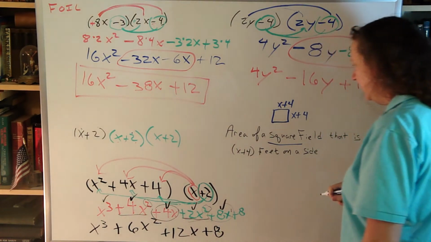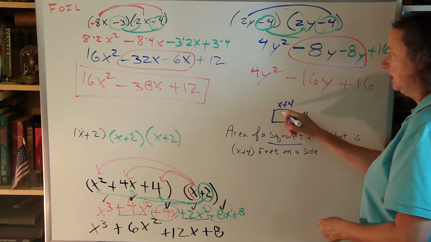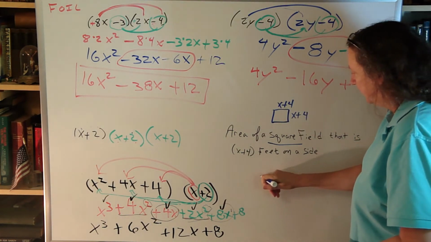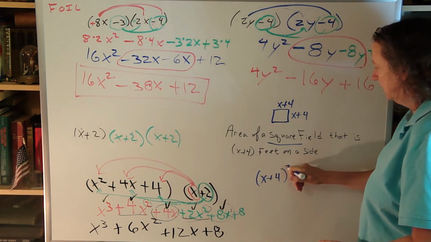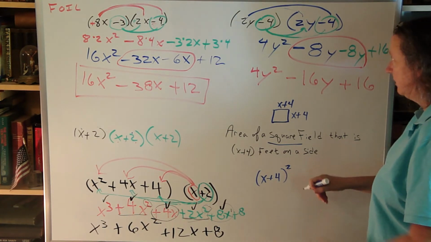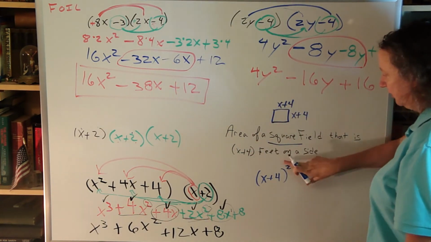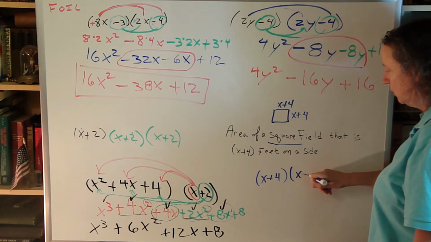So when you're trying to find the area of a square, you take side length times side length, squared. So we are doing x plus 4 quantity squared, which, as I showed you up here and over there, that just means you take the one times the other. So I'm going to do it as x plus 4 times x plus 4.